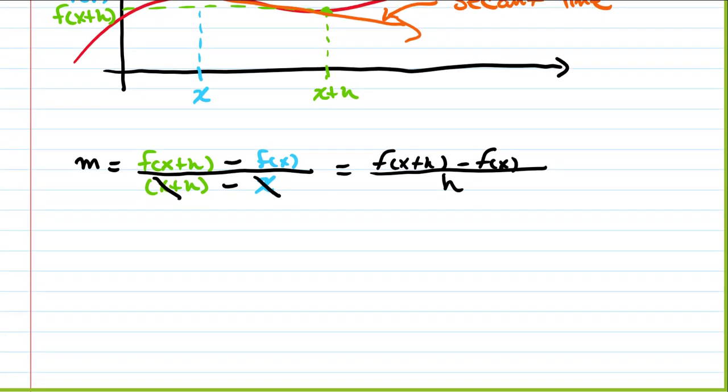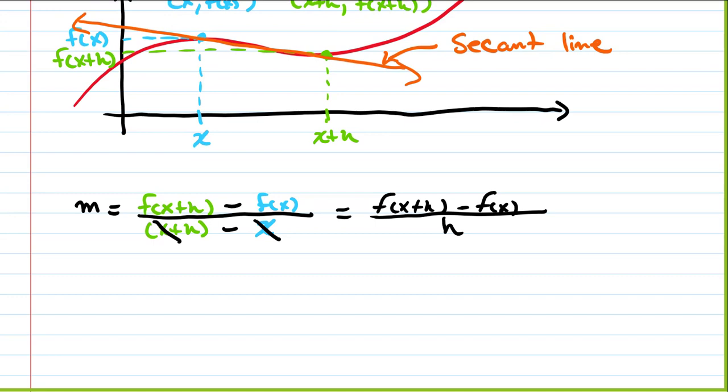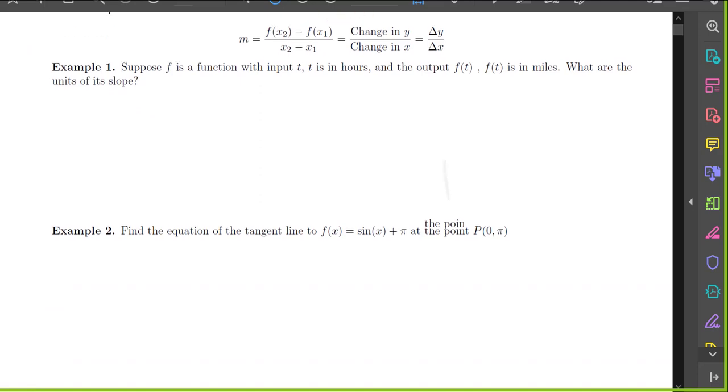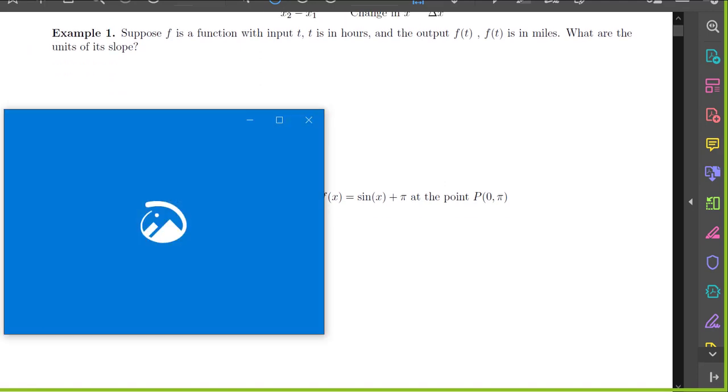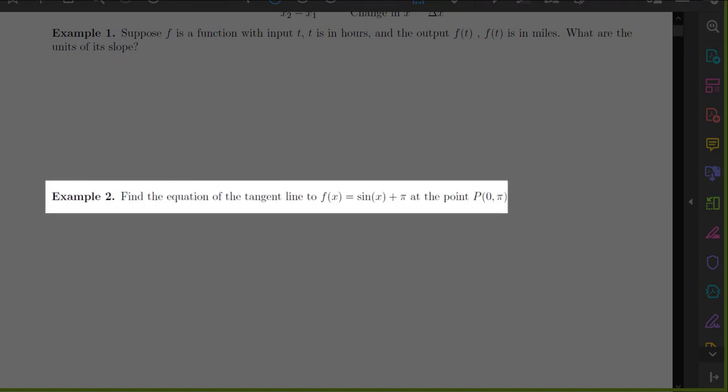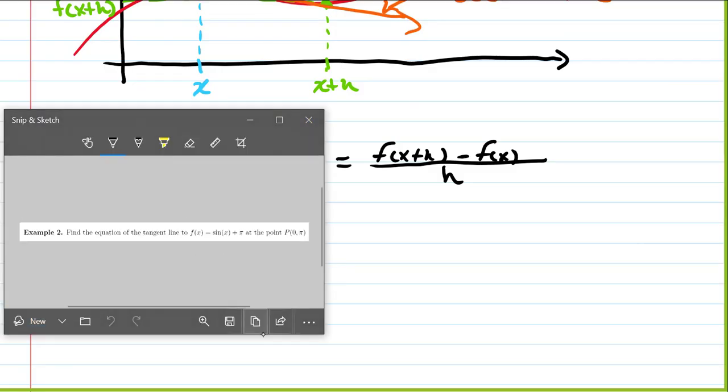But that's really going to be the big idea that we're going to be studying in Chapter 2 is, well, we know h can't be 0, but what happens as we let h get close to being the number 0? So let's take a look at example 2 and see what we can get.